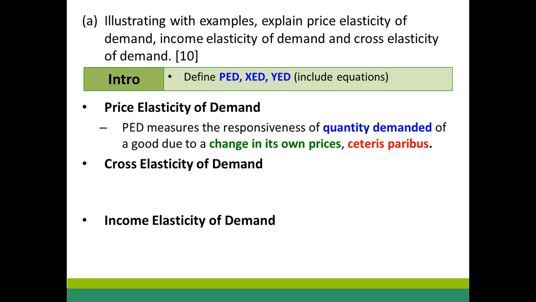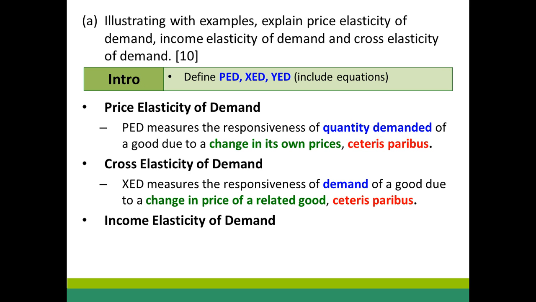And it is also important because it highlights how each of the three definitions is different. Okay, in XED, the definition is that it measures the responsiveness of demand of a good due to a change in price of a related good, ceteris paribus.